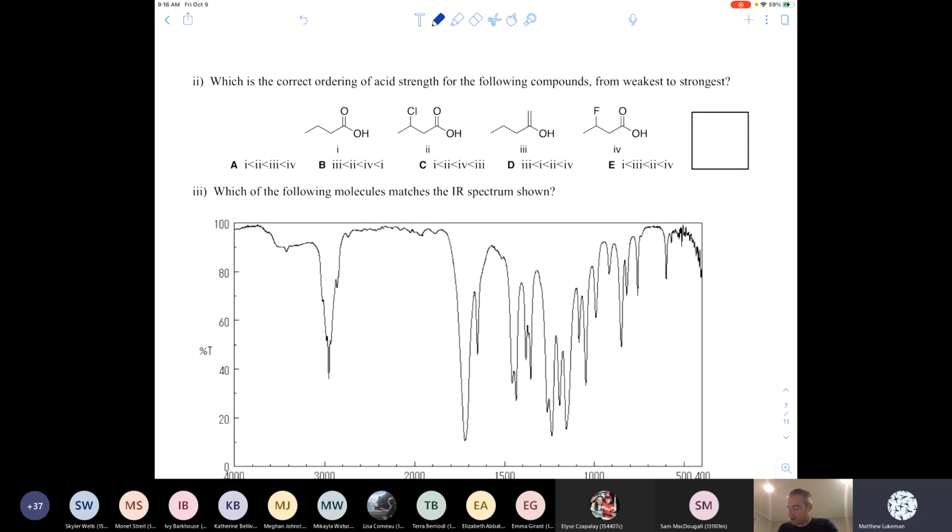Comparing acid strength. We've seen a question like this already. We're comparing a bunch of acids that all have resonance structures. The best one here is going to be number 4, because it has 2 resonance structures and a fluorine nearby. Second strongest is going to be number 2, followed by 1, followed by 3, which is worse than the others.